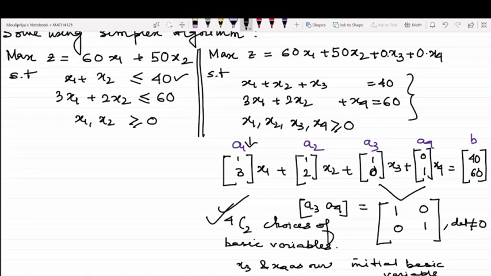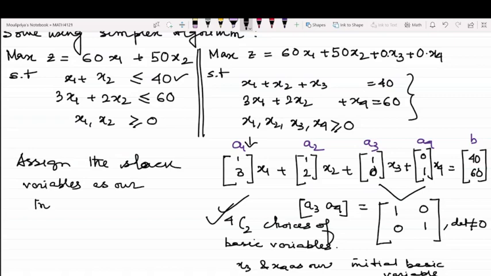Yes, ma'am. So this implies whenever we have a simplex algorithm to do, we will initially assign the slack variables as our initial basic variables.